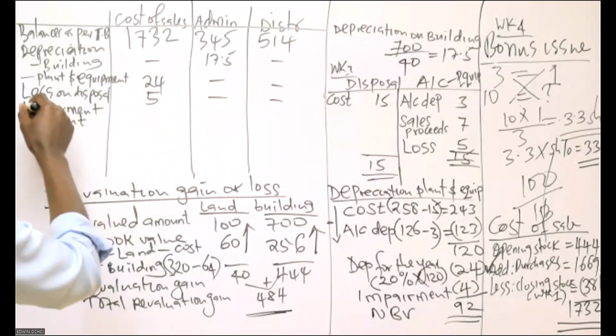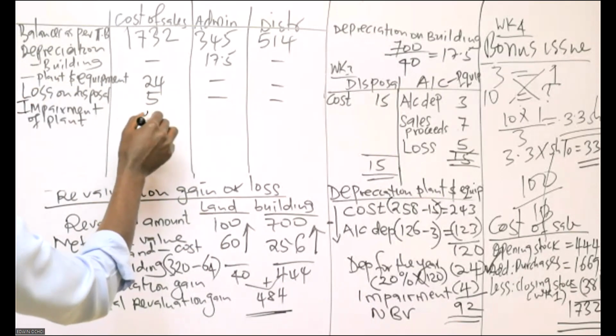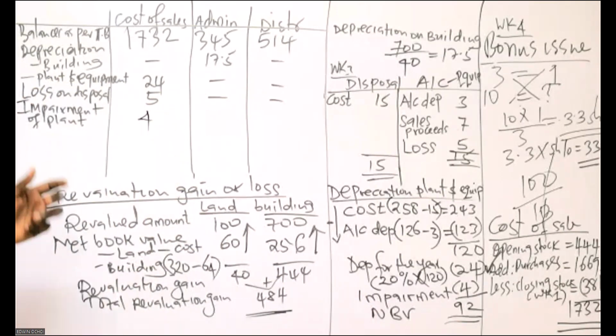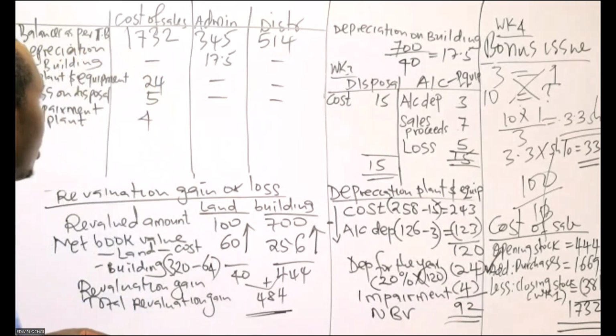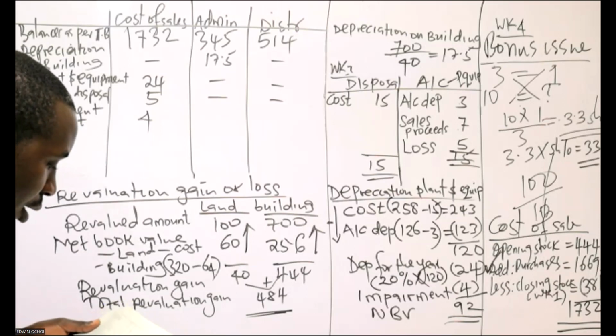So impairment, obviously, will be under this too, because impairment is a loss in value of that asset, of the plant. Is there an expense I have not recorded? Any expense. So additional information or expenses are recorded.